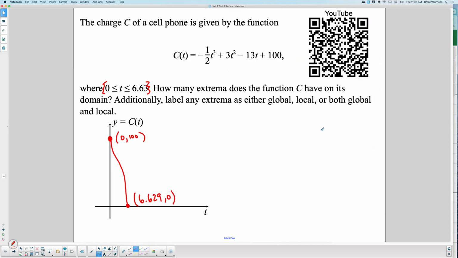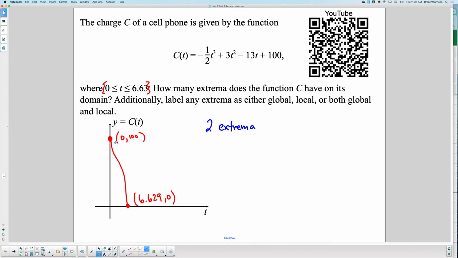It says how many extrema does the function C have on its domain? How many extrema? 2 extrema. Extrema means maximums and minimums. Additionally, label any extrema as either global, local, or both global and local. What would you call that point right there? Maximum.